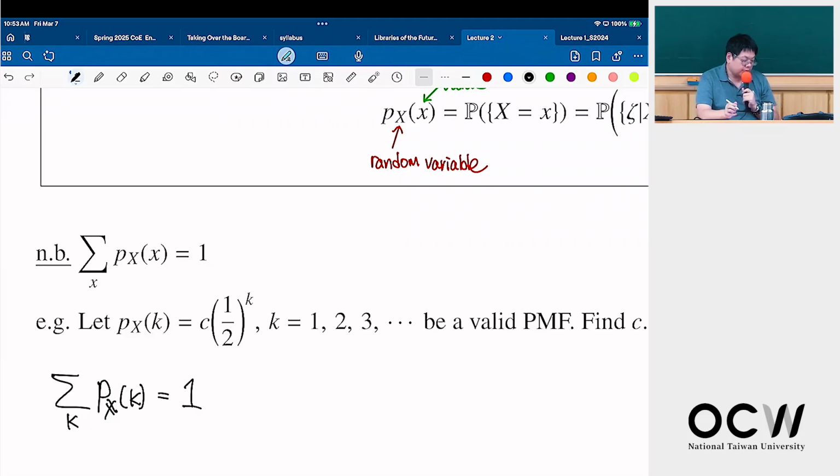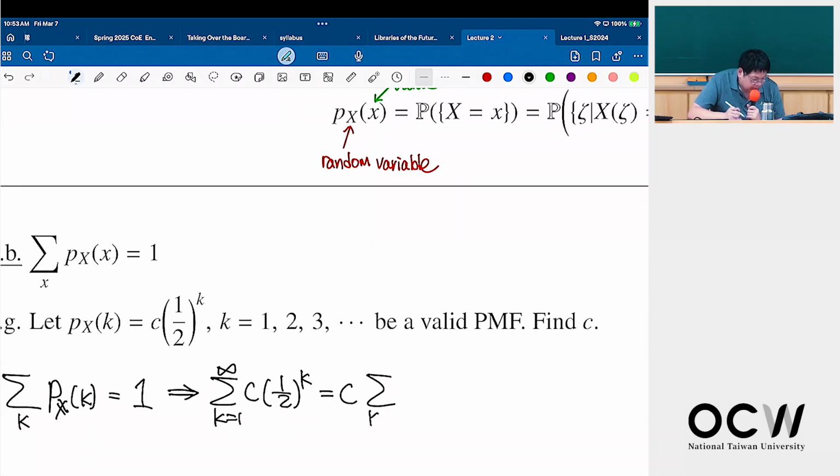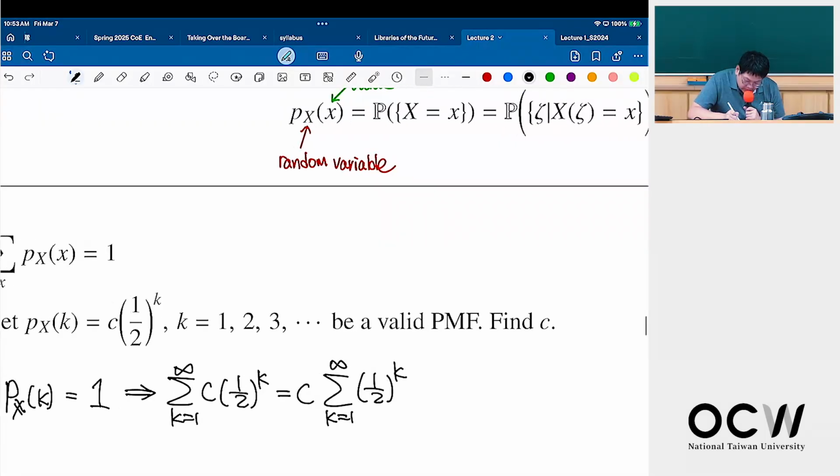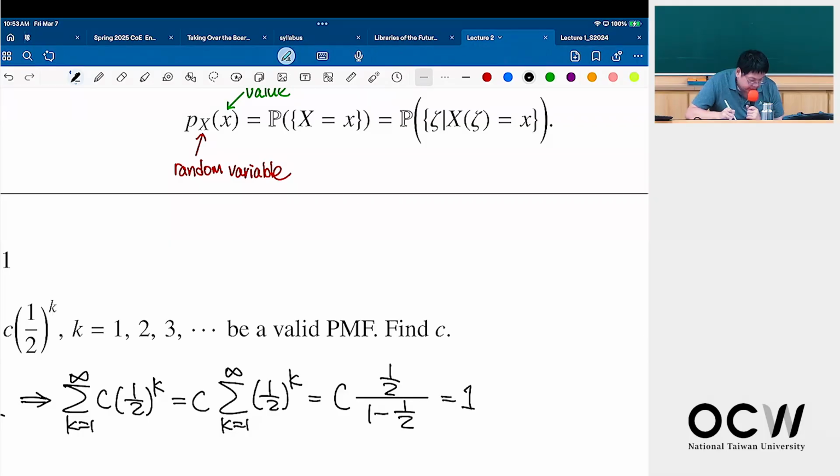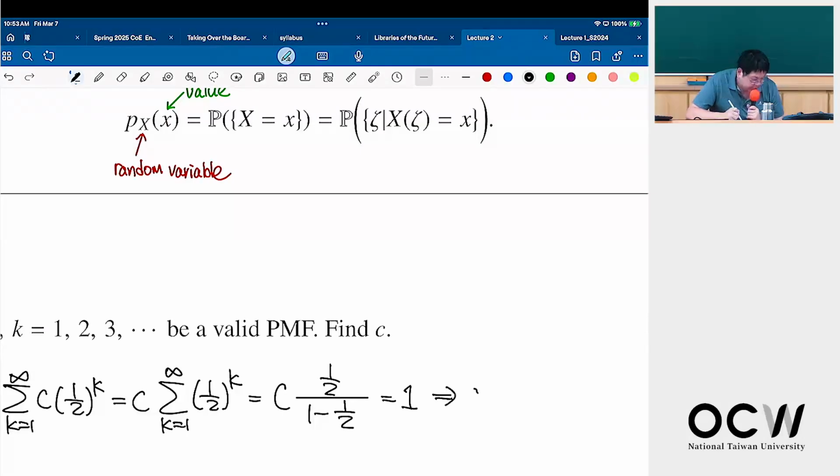Because for each outcome I have a probability, and when I sum the probabilities of all outcomes, this should be 1. So, the sum over k from 1 to infinity of c times (1/2) to the k. You get c times (1/2) over (1 minus 1/2), that's c. So in that case, C is 1.